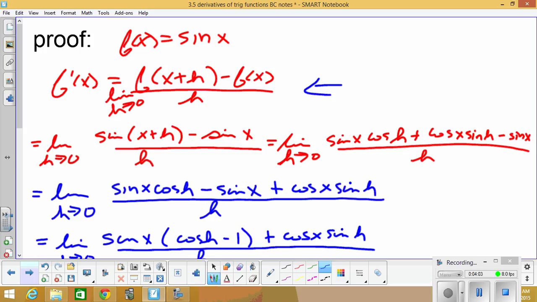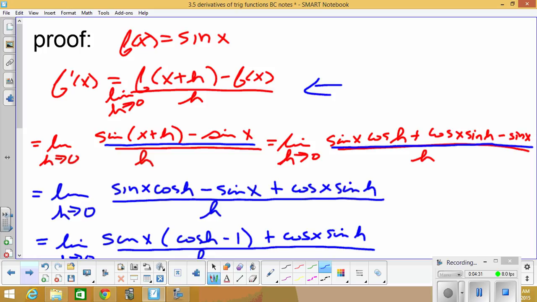We have sine of x plus h minus sine x over h. I then use the angle sum formula from trigonometry, so that sine of x plus h becomes sine x cosine h plus cosine x sine h. And then what is left is minus sine x.